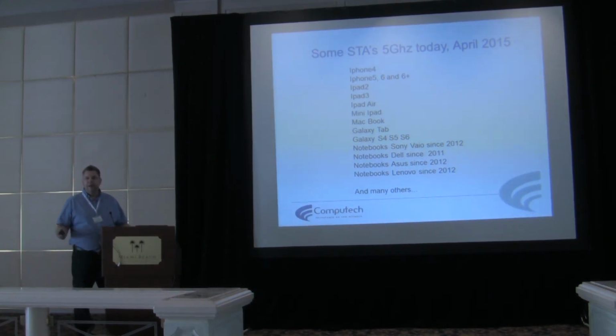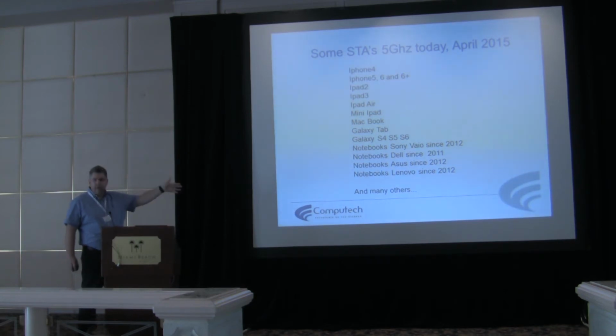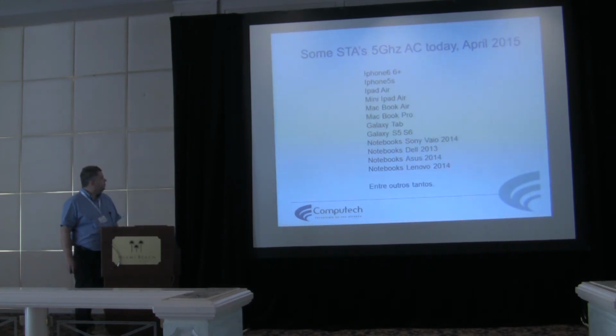Since 3 years ago, all the equipment has 5 gigahertz wireless LAN. Some have 5 gigahertz AC today: the iPhone 5S, iPad Air, mini iPad Air, Galaxy, all newer notebooks.